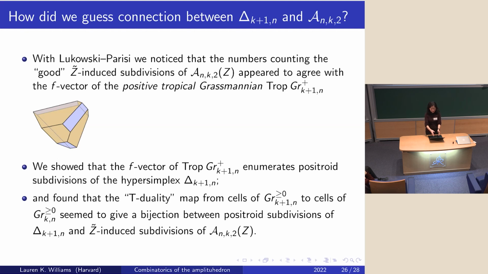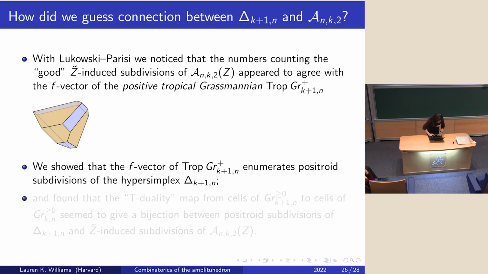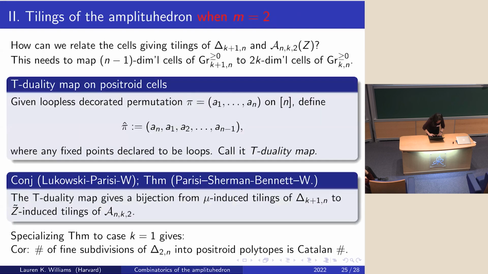the subdivisions of the amplituhedron coming from the positive tropical Grassmannian are the regular ones, and you use the element of the positive tropical Grassmannian as your height function. But what we wrote, this theorem at the bottom, is a bijection for any subdivisions, regardless of whether they're regular or not.